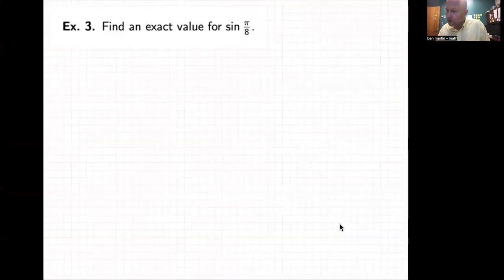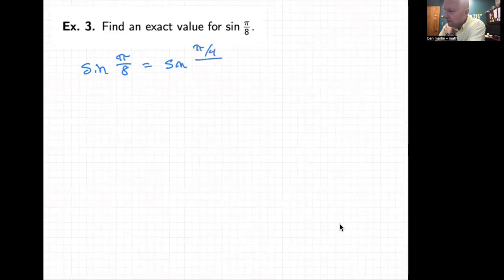So this first question here, we're going to talk about finding out the sine of pi over 8. And the way you'll think about that is that it is the sine of pi over 4 divided by 2. The way I found pi over 4 was to multiply by 2, because I'm going to divide by 2 to cancel that out. Okay.